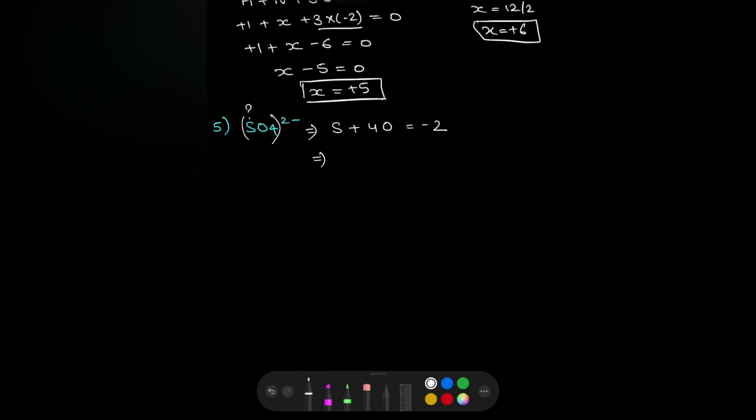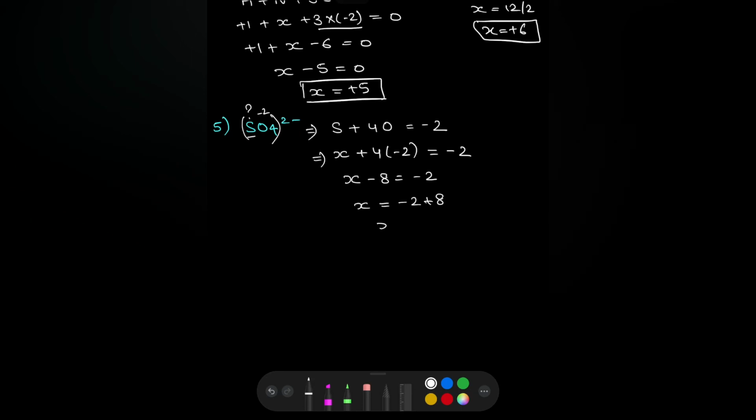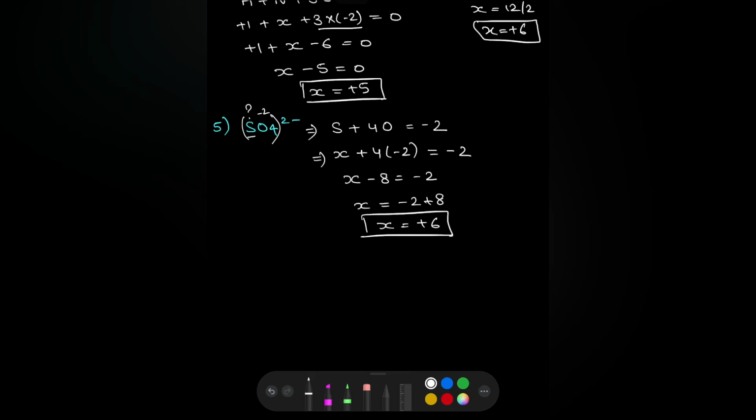Now to determine the oxidation number of sulfur, let us consider it as x, and 4 atoms of oxygen, that is the oxidation number of oxygen is -2. Now the summation will be equal to -2. Now x minus 8 equals -2. x equals -2 plus 8. x equals plus 6. So the oxidation number of sulfur here is plus 6.